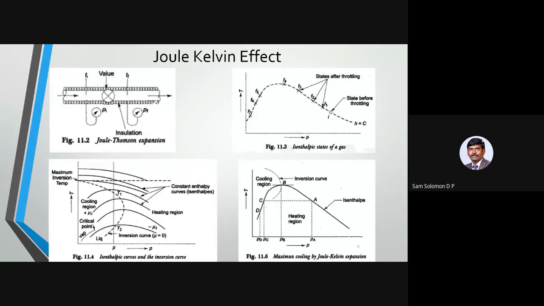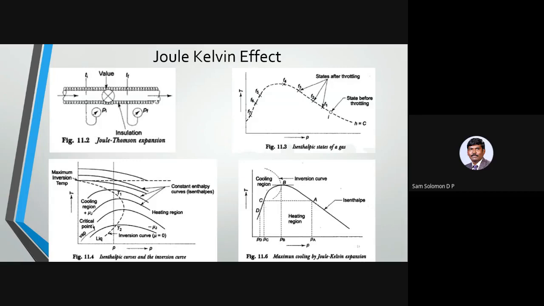All these state points which they are denoting, F1, F2, F3, are states after throttling, and I is the state before throttling. So this is an H equal to constant graph in a TP diagram, temperature versus pressure, and they are calling it the isenthalpic state of a gas.